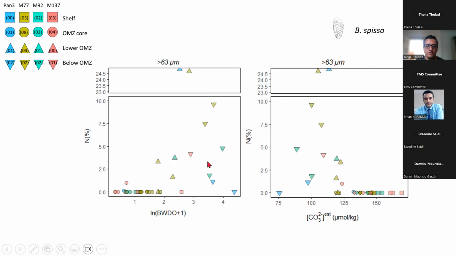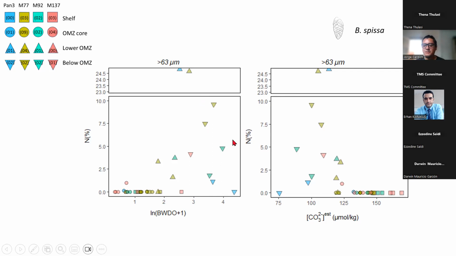We have a lot of triangles for this species here, and the highest numbers are in these triangles that come from these lower OMC samples from the first two campaigns, 1997 and 2008. The rest of the samples present low values.